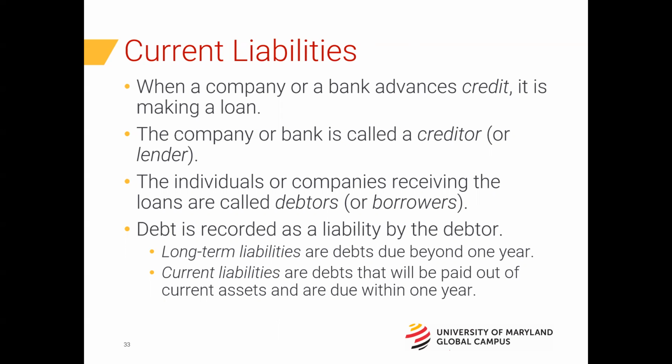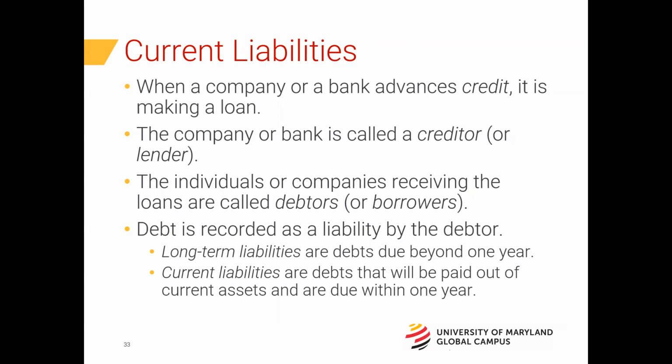This is where it gets important to understand this concept. With any long-term liability, like a note, there's going to be a current portion of that long-term liability. So think of a mortgage as an example, okay? For my mortgage, a 30-year loan, the year that we're in right now is the current portion of that long-term debt.